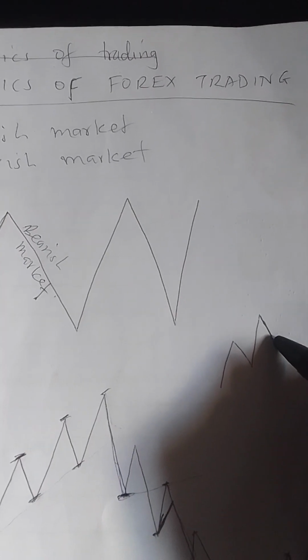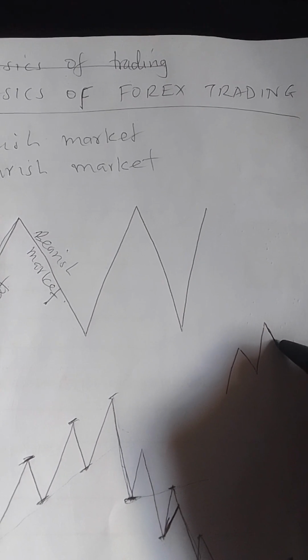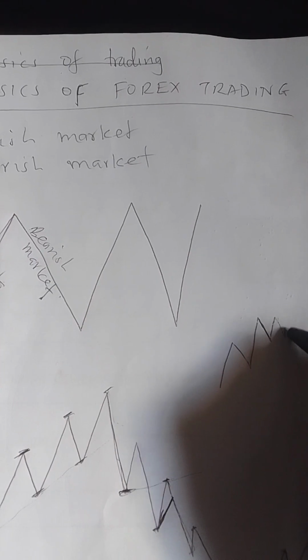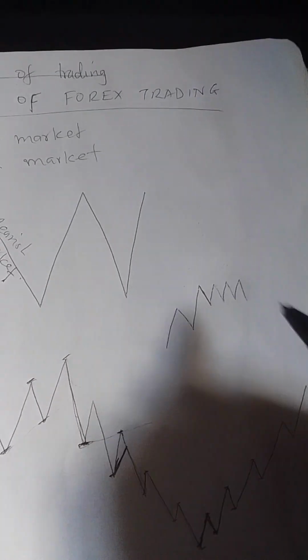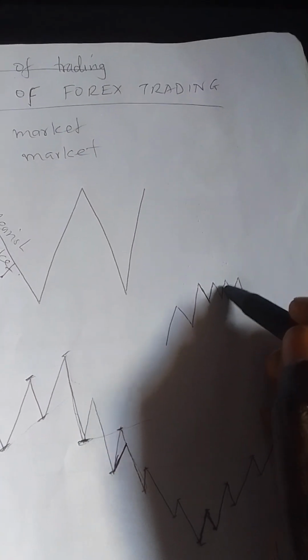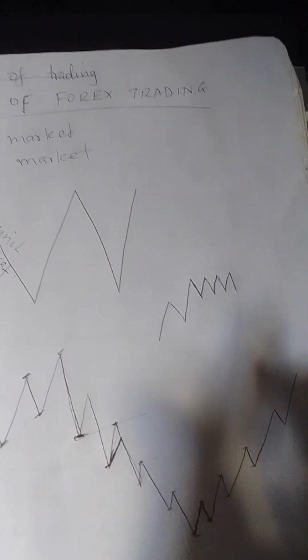In some cases, when many banks enter the market, let's say the market was going up, so let's draw another one here. Then instead of going up, it started moving in this form, in that line. This means the market is trying to go down, and at the same time is trying to balance.